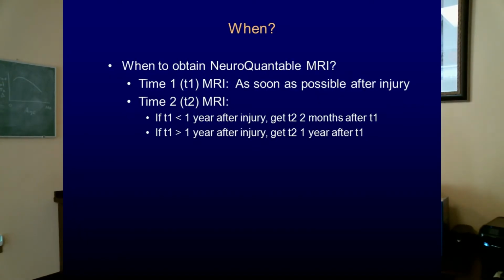You have a better chance of detecting an abnormal rate of shrinking and finding out the truth about what happened to the patient's brain. So if your first MRI is done within a year of the injury, get the second one 2 months later. However, if your first MRI is done more than a year after the injury, then you can get your second MRI a year after the first MRI.